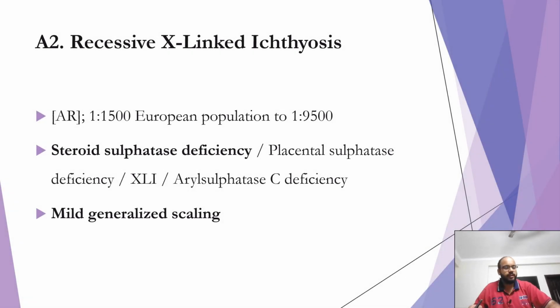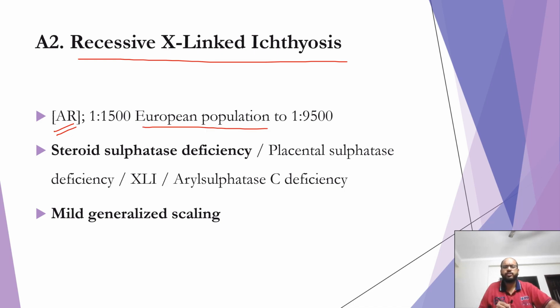Now, the second common ichthyosis is the recessive X-linked ichthyosis group. It is X-linked recessive in inheritance, as the name suggests, and the European population prevalence is about 1 in 1500 to 1 in 9500. The main mutation lies in the steroid sulfatase gene, so there's deficiency of the steroid sulfatase enzyme.